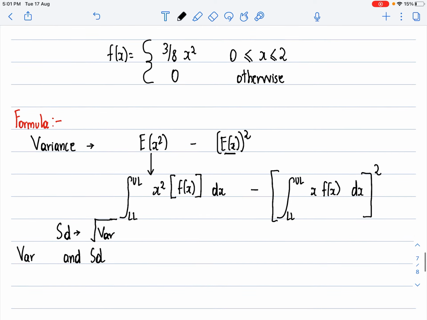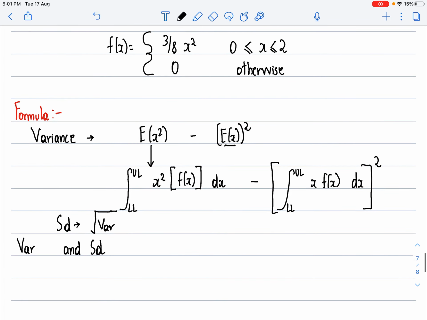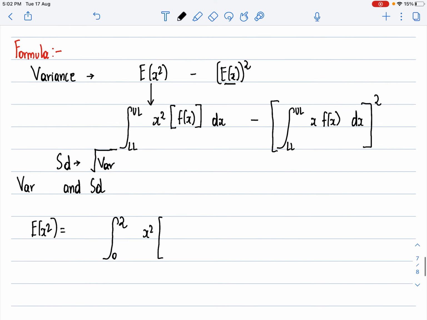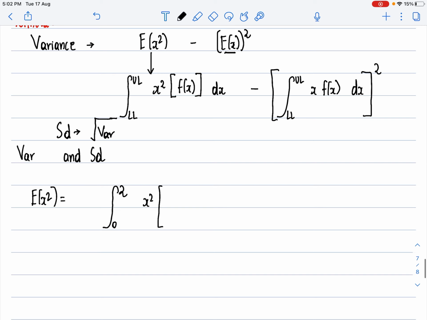So in this case, if I want to calculate the variance first, I need to first calculate the E of x square. The E of x square is basically the integration from 0 to 2 with x square multiplied by the f of x, which is 3 over 8 x square, dx.